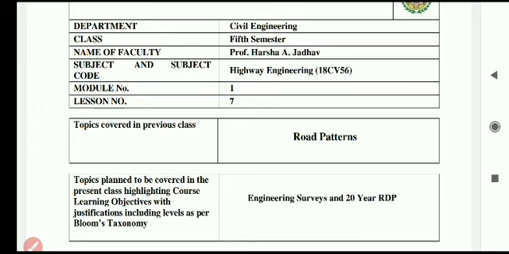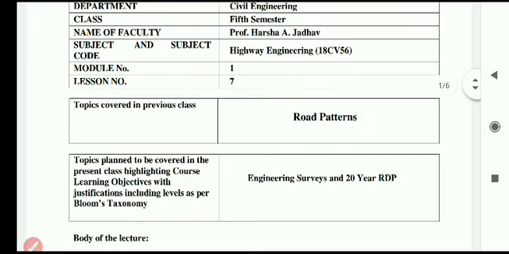This block pattern comes under the first category. In this pattern the roads are with sharp edges. It has a very good parking facility. The only disadvantage of this pattern is that it has sharp edges, so operating vehicles across these roads is a bit difficult.